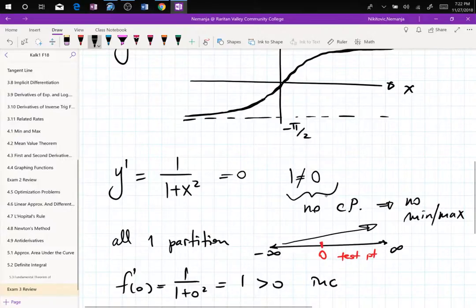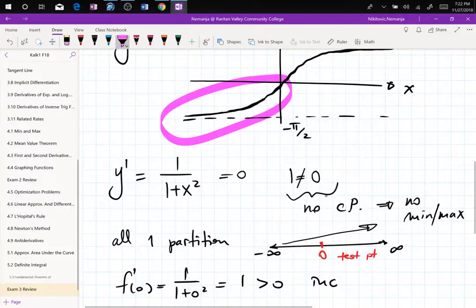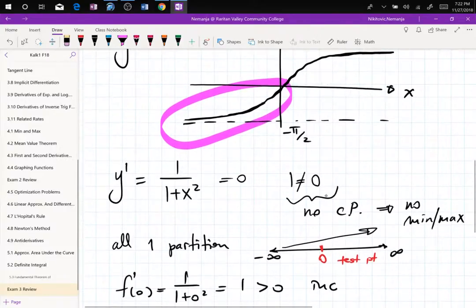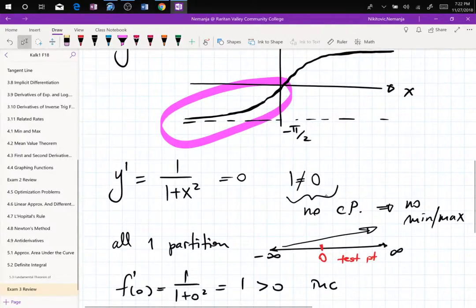Now, second derivative test. Well, for the second derivative test, I see that I should have some motion here because I see this part of the graph as concave up, right? The curvature would fit for something like that. And the other part is kind of opening downwards.